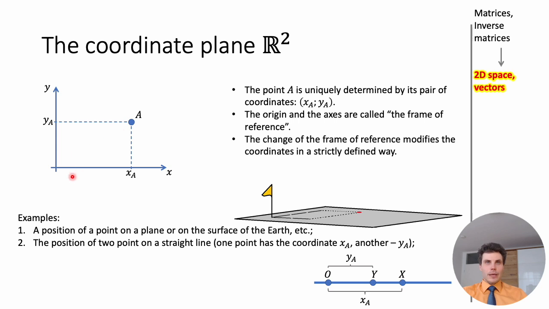By changing the frame of reference, I mean that the point A stays at its position, as I am highlighting it here, and just the entire frame of reference can be moving, stretching or shrinking. Depending on how you move and modify it, the x sub A and y sub A coordinates of the point A will change, and they will change in a strictly defined way.